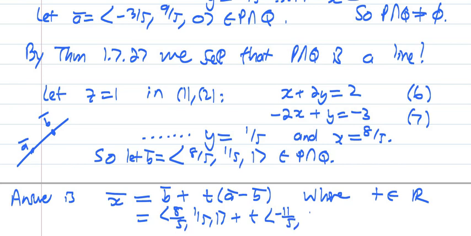The second component is 8 over 5. And the last component is 1 minus 0, which is 1, where t is a real number. So we did a lot. We showed that the two planes intersect in a line, and we even got the vector equation for that line.